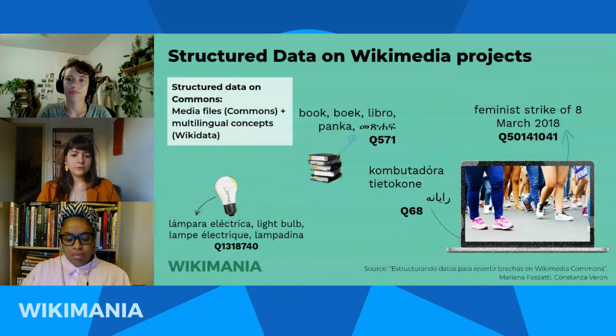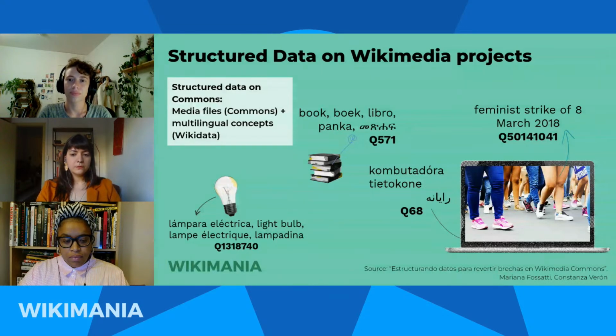This Q followed by a number identifies this unique entity, this unique object, like a book or a light bulb or a computer or even a feminist strike, any event that you can find on Wikidata, but also in a multilingual way, because every entity on Wikidata is available in many different languages.